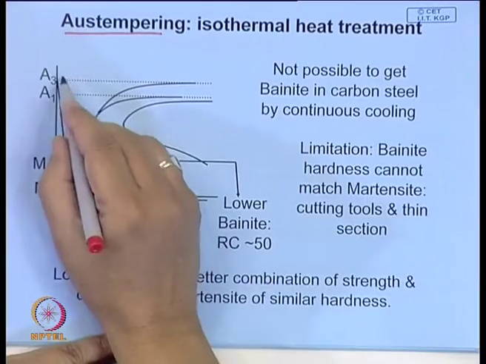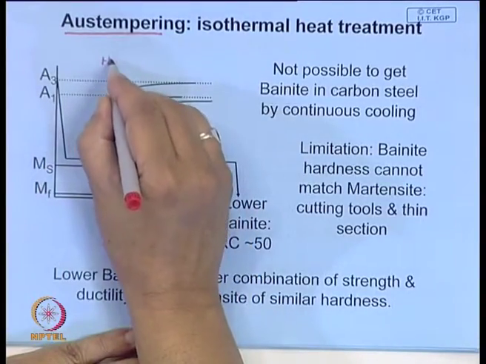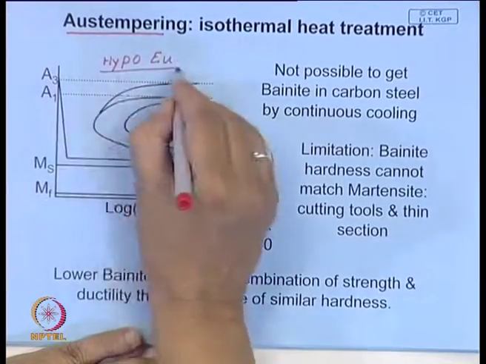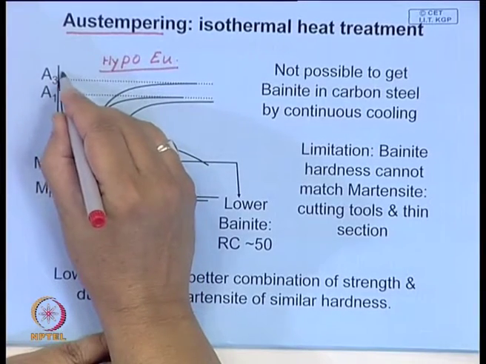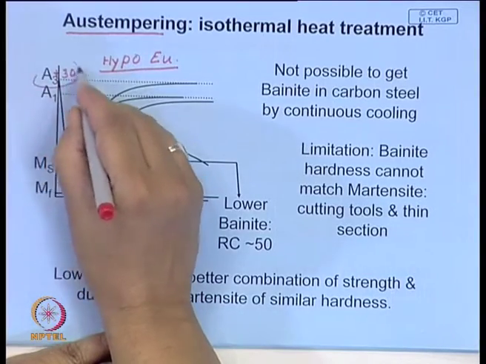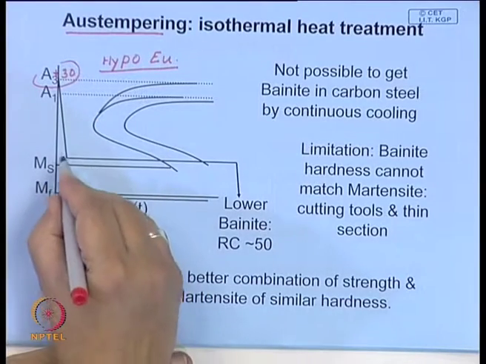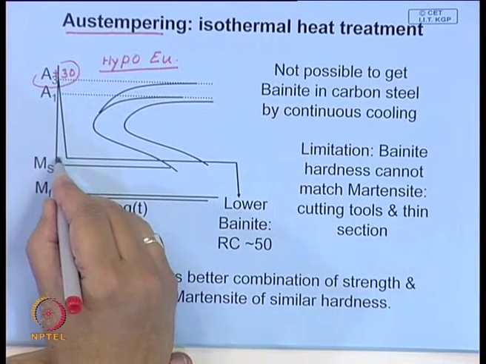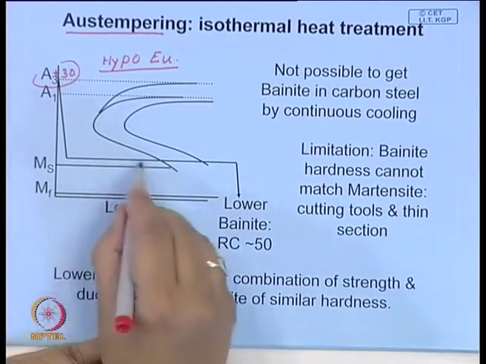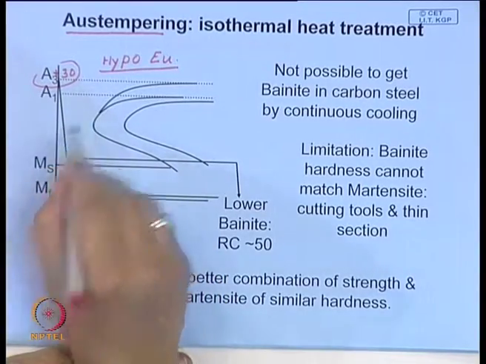If you look at the TTT diagram for a particular, this is a hypoeutectoid steel. You heat it to A3 plus around 30 to 40 degrees centigrade, austenitize, and then you cool it to a bath which is maintained above Ms. And here you see the transformation at this stage is rather slow, much slower than over here.